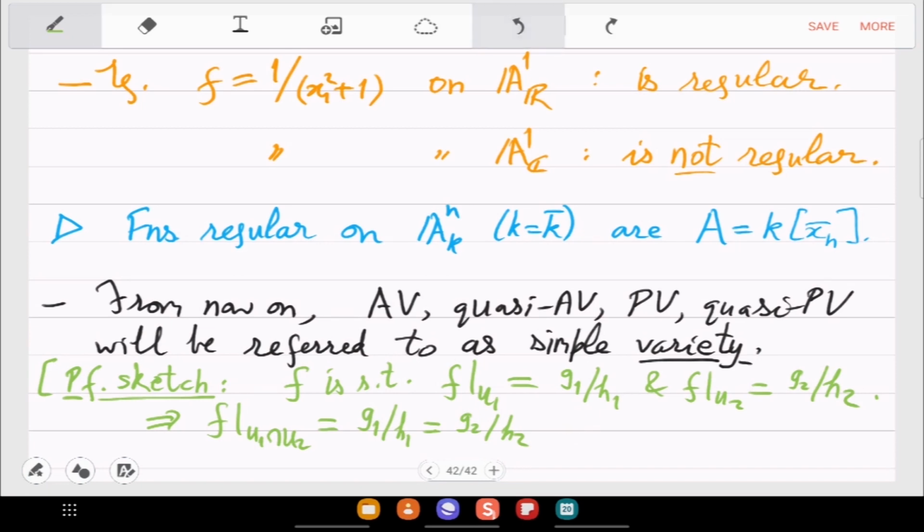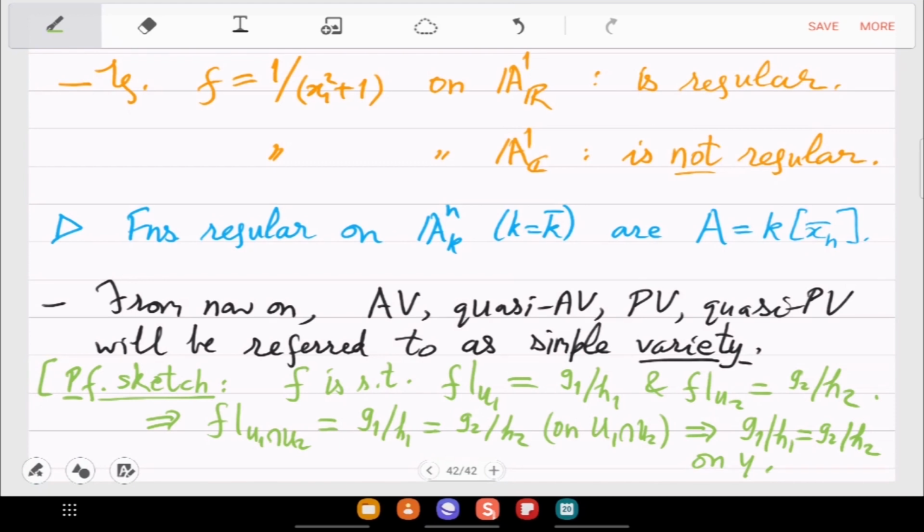Let me explicitly say here that these are equalities on the intersection. But from that you can deduce an absolute equality on the whole variety y.